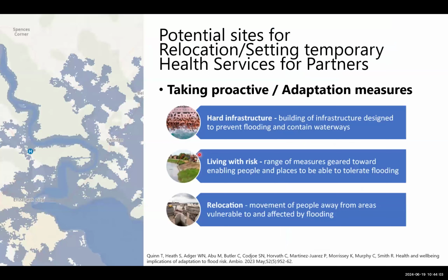So moving into the next highlight of the presentation, the country office again came back, because now, given that we were able to identify these health facilities, they then needed to inform their partners on, well, since you've identified areas or facilities that are likely to be inundated, which are the potential areas that we as partners could set up temporary relocations to offer services to people in the event.